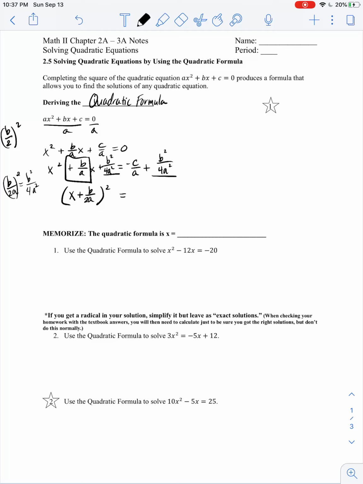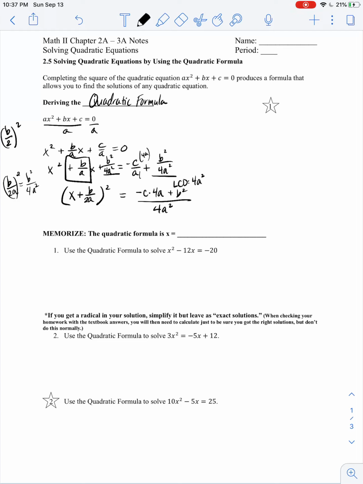So from here, on the right side, we have minus c over a plus b squared over 4a squared. And I want to combine these fractions together, which means we need to do a least common denominator. So the least common denominator between a and 4a squared is 4a squared. So I'm going to take negative c and multiply that by 4a so that we can put it over 4a squared.